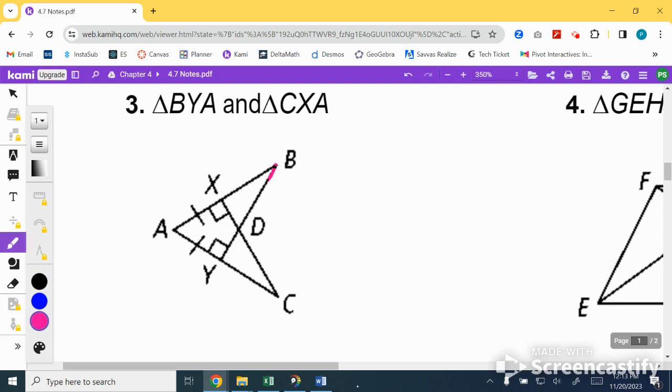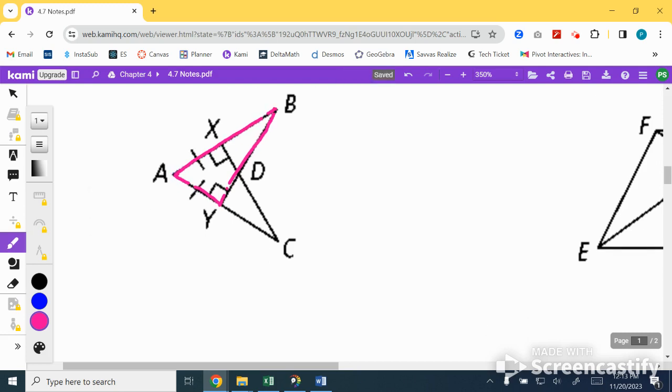So start at B, go down to Y, then up to A. Triangle BYA. So I'm going to draw that one. Here's B, here's A, and here's Y. And I have a right angle in there. And here I have AY.